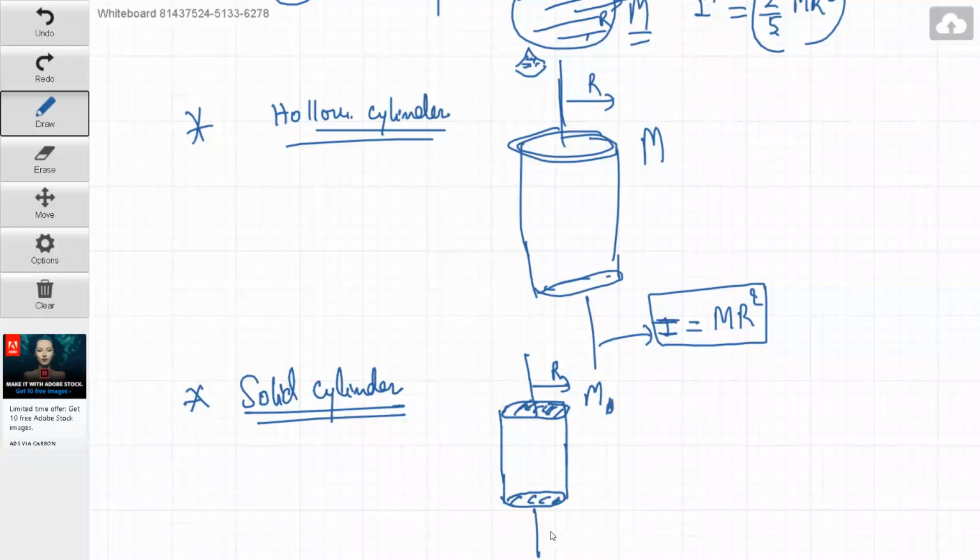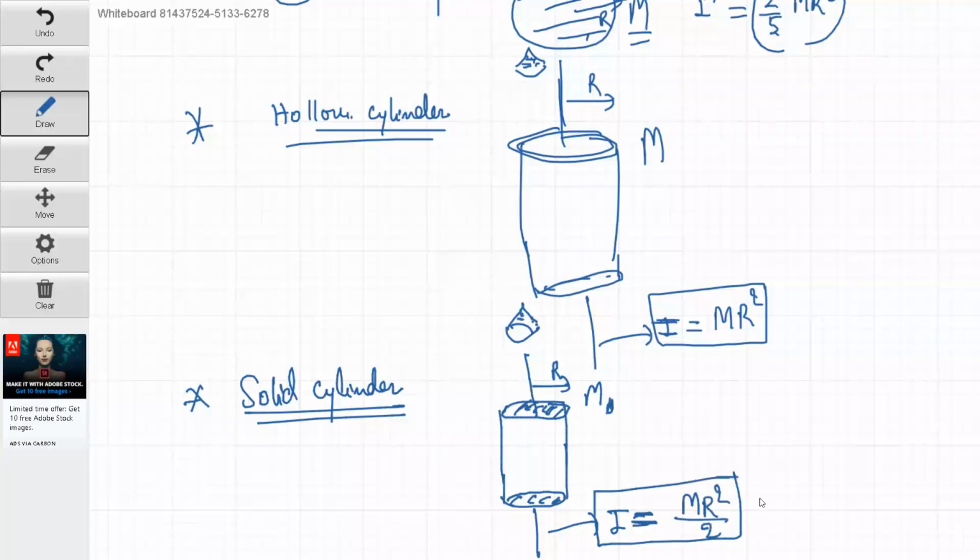If you find the moment of inertia about this axis and look at it from the top, you can see that it looks like a disk. So the mass distribution in a solid cylinder is just like the mass distribution of the disk. So the moment of inertia will be equal to mr square by 2, that is equal to that of the disk.